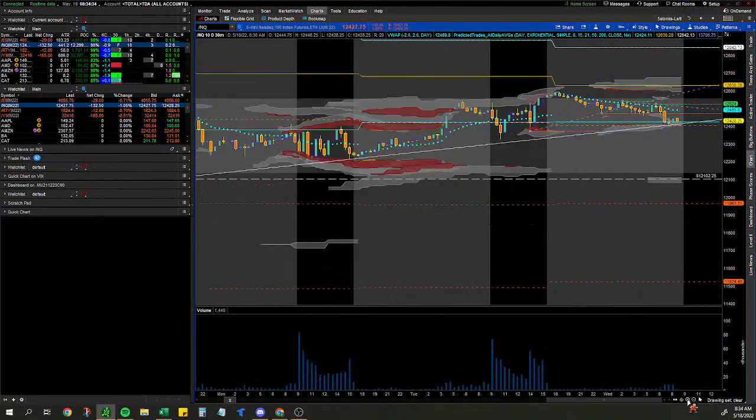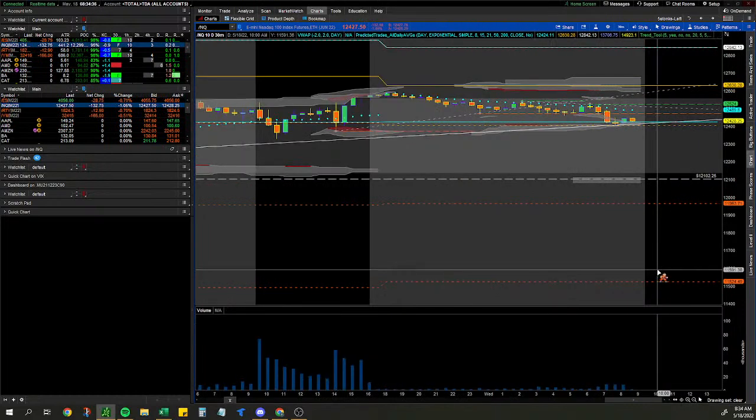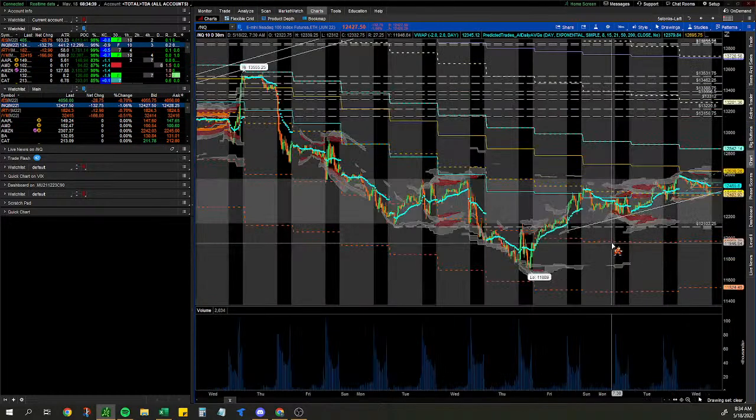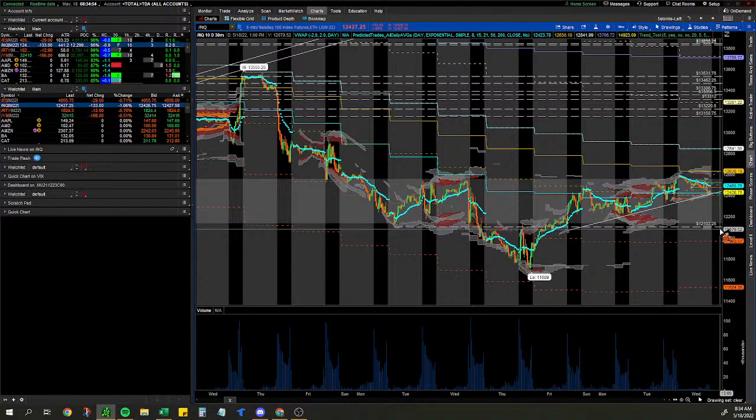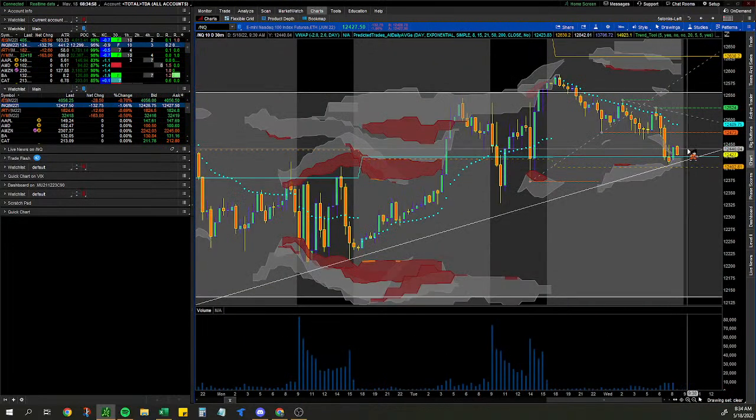So it's going to be key today: can we continue this uptrend to break out of this range and get back to the mean, or have we made it and we're not going to get out of this range and we slip right back down? So today is going to be interesting and key.